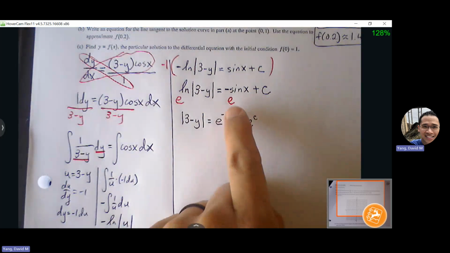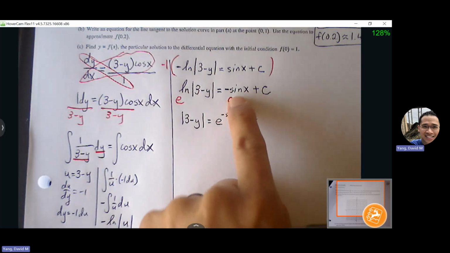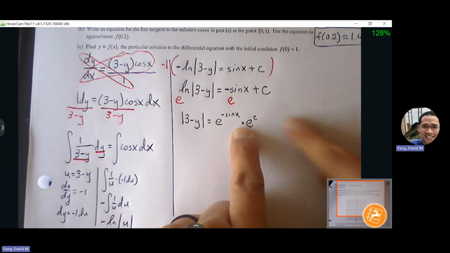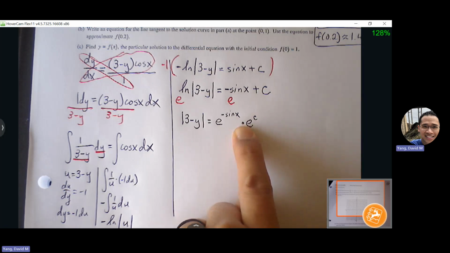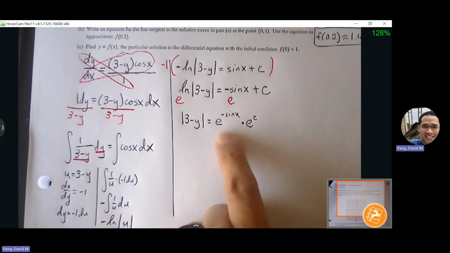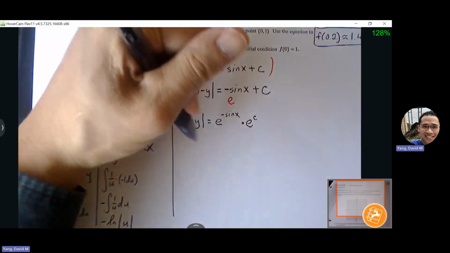So the rule is that a to the m plus n is a to the m times a to the n. That exponent addition is going to turn into multiplication at the base level. Turn that e to the c into just one big C and drop the absolute value.